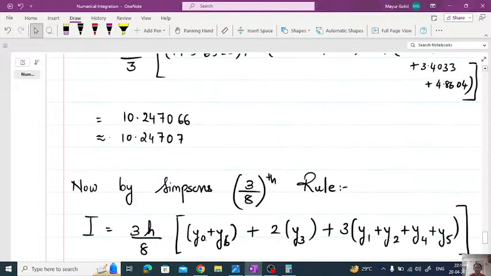One third rule answer is 10.47. 10.4707, this is the answer that I got. Okay.